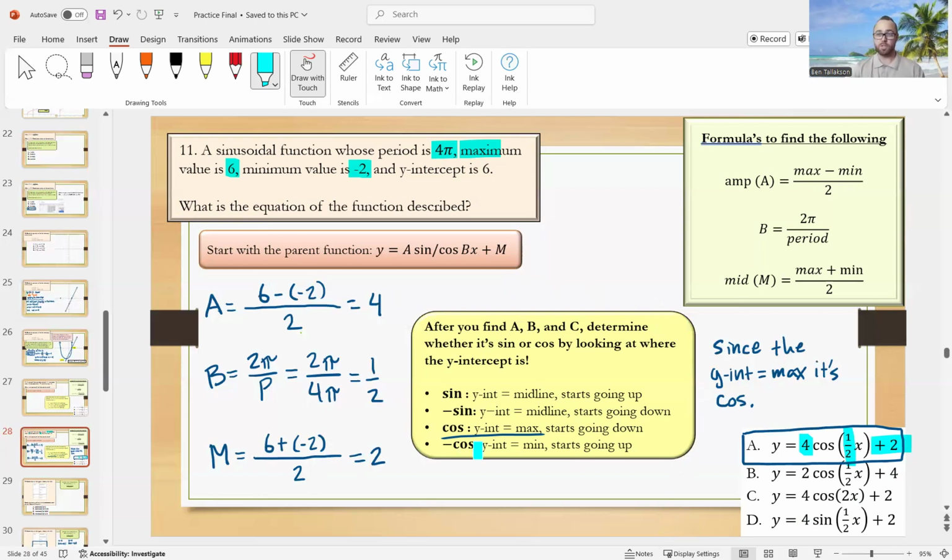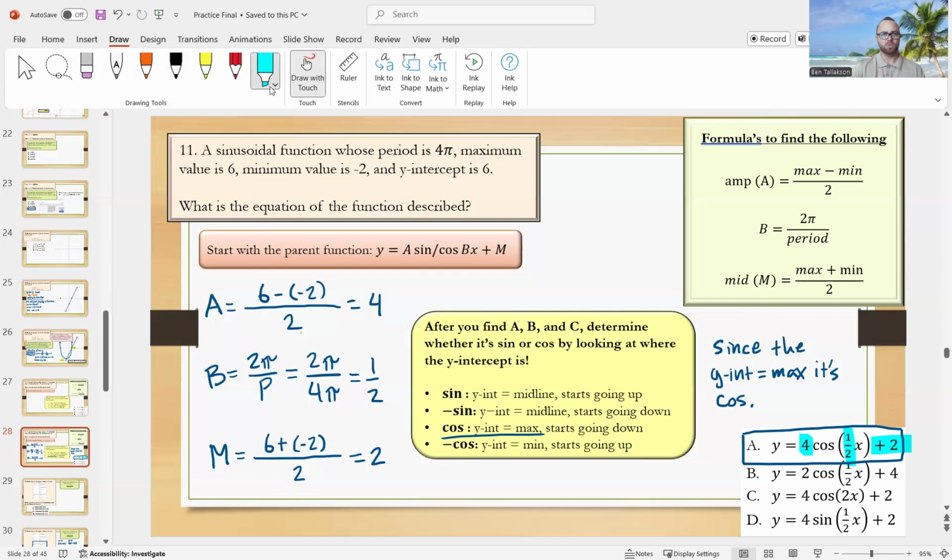And everything you need to know for that is in this yellow box. Okay? All you need to do is look at where the y-intercept is. They tell us right here, y-intercept is 6. And how does that relate to what we know already? Well, they also told us, let's change the colors here to make this really obvious.